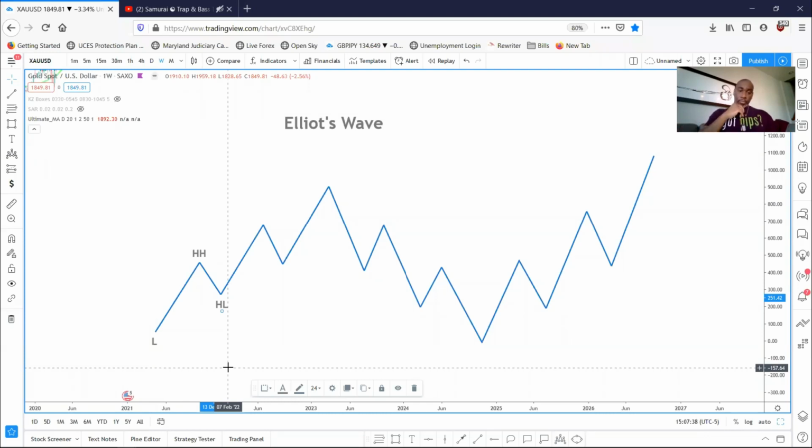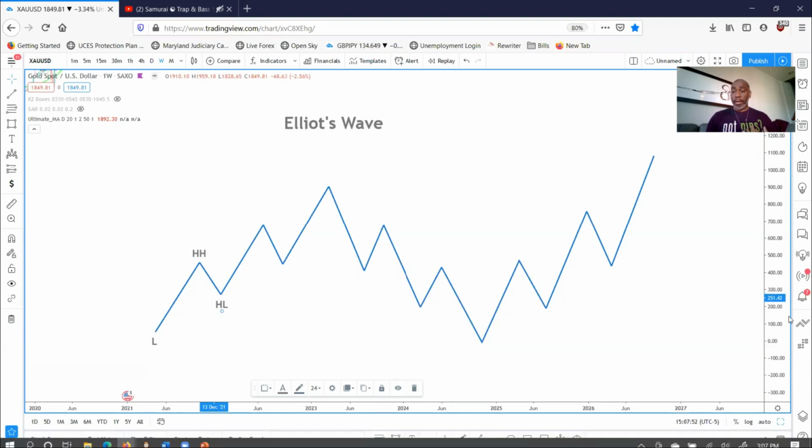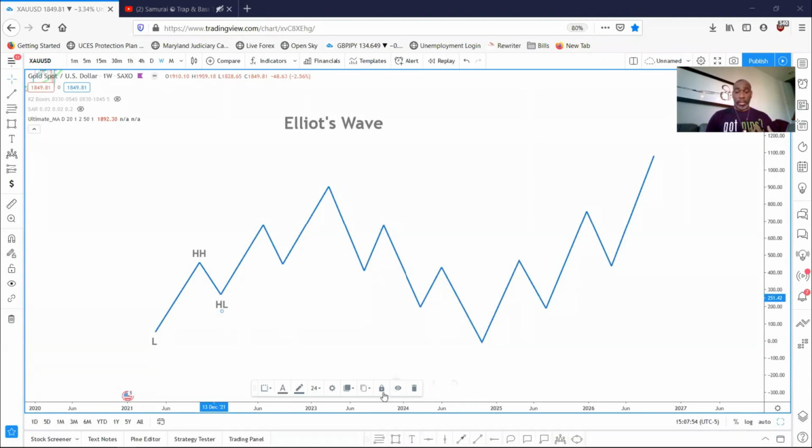Now, understand, the market tends to always give you an impulsive move, and then it comes back and gives you a corrective move. This corrective move is nothing more than buyers in the market deciding to pull out of the market and sell off their trades.